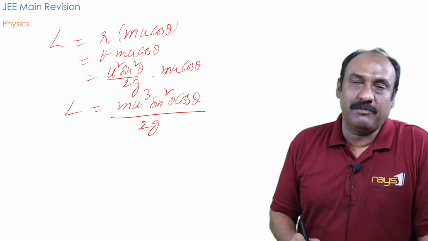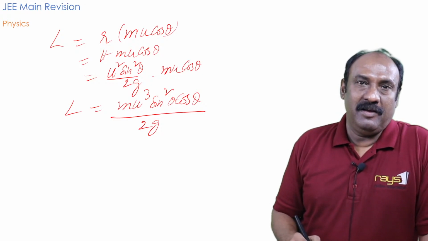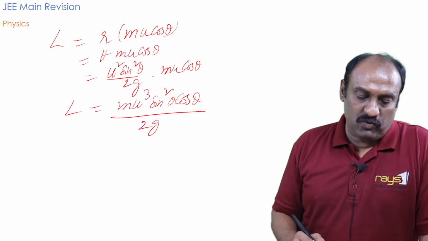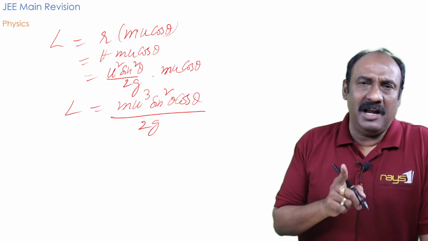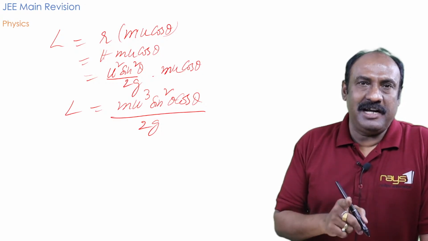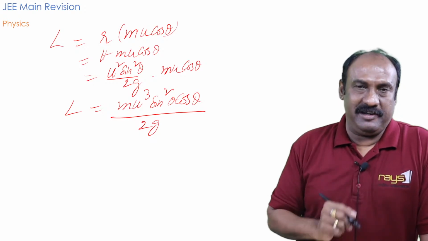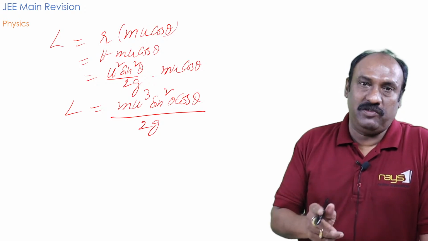So the angular momentum of this projectile at the highest point of its path with respect to its point of projection is mu cubed sin square theta cos theta by 2g. Angular momentum is always calculated with respect to a particular point. That point is the starting point here according to the given data.